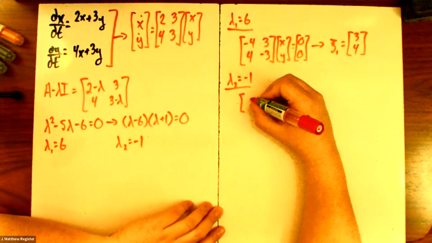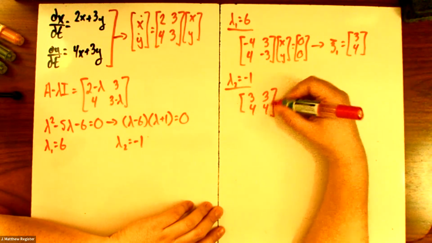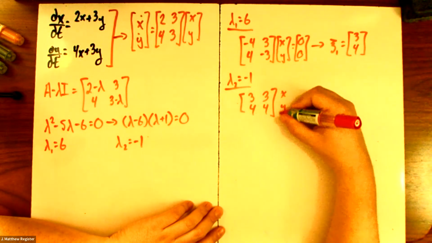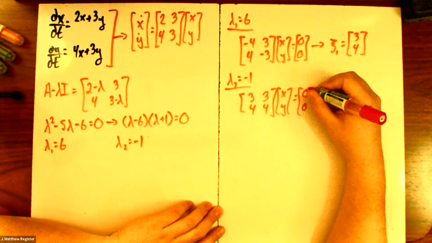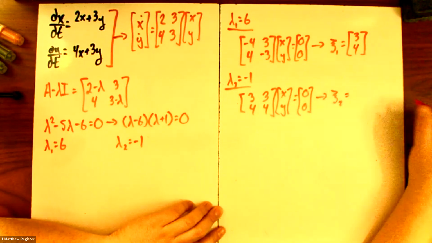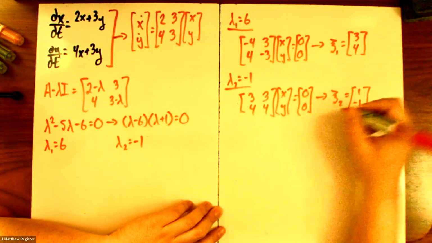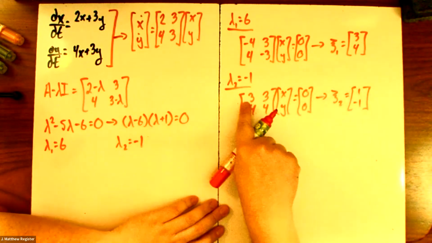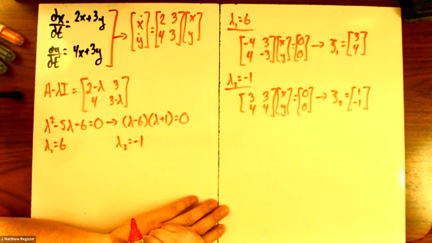We are going to get 3, 3, 4, 4 times xy equals 0, 0. In this case, I might go with 1, -1. Because 1 times this plus -1 times this equals 0.